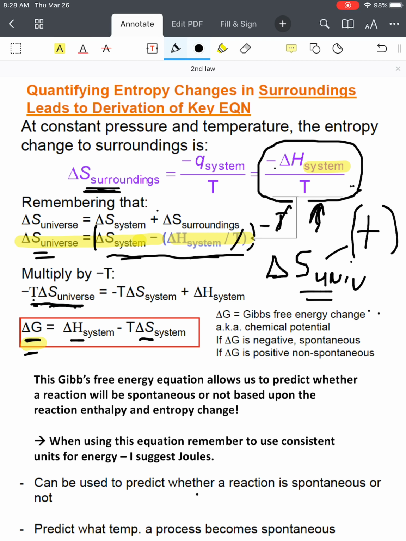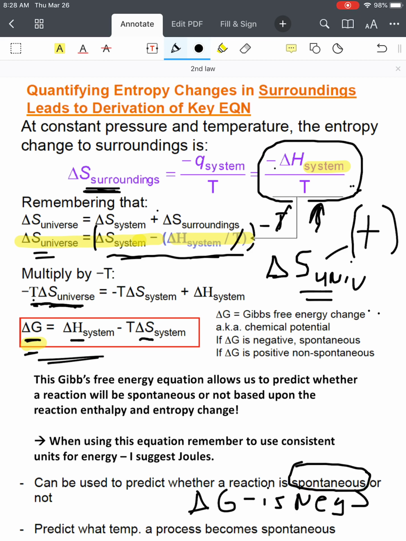Well, if delta G is negative, the reaction's going to be spontaneous. If delta G is a negative number, our reaction is going to be spontaneous. So we can use this equation to predict whether a reaction is spontaneous or not.